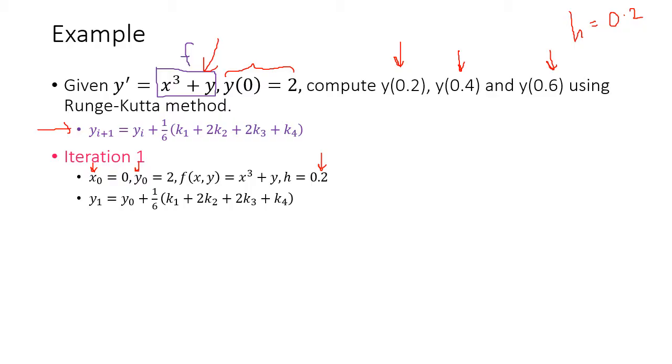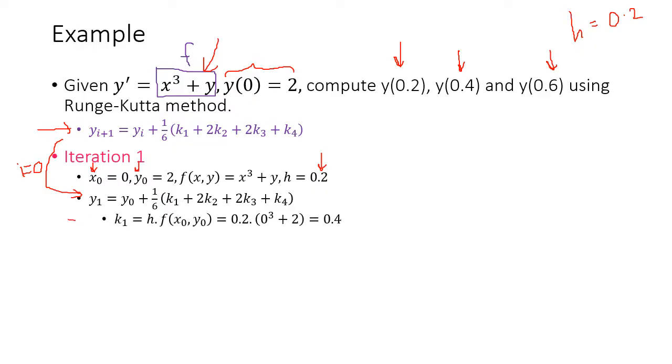So this is the resulting expression if we substitute i equals 0 into the formula. And to find the value of y1, we must first find the values of k1, k2, k3 and k4. So let us do that.